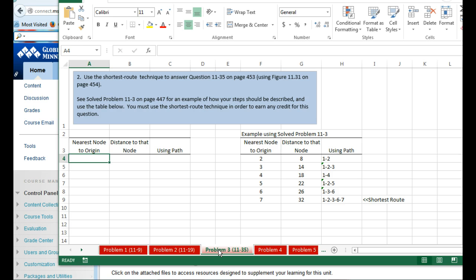As you're doing your reading, make sure you pause at those and get a good understanding of those steps. Then you'll want to review closely the solved problems between pages 445 and 447. These are going to be perfect examples of the problems you're attempting to solve. And keep those solved problems handy as you're going through the actual homework problems.